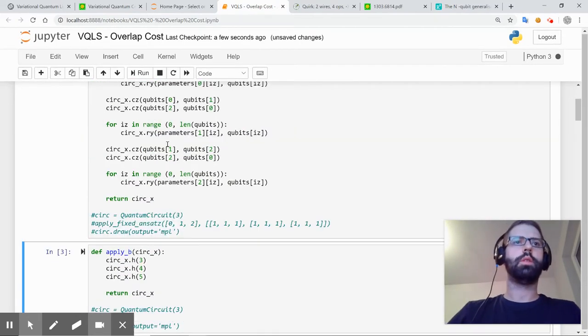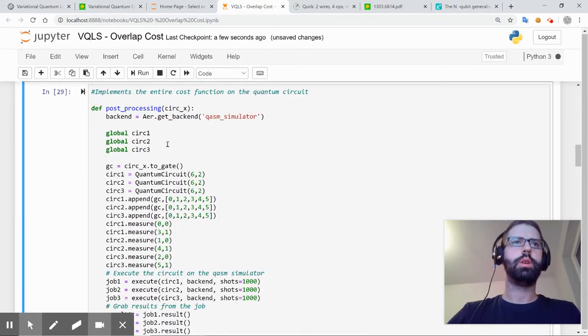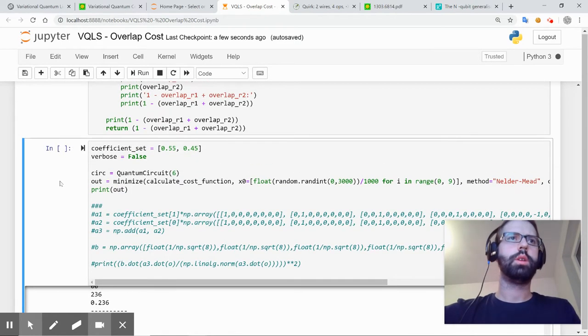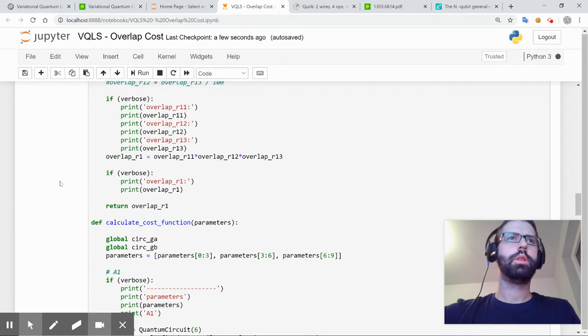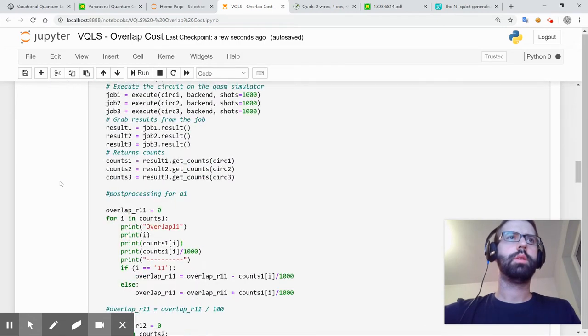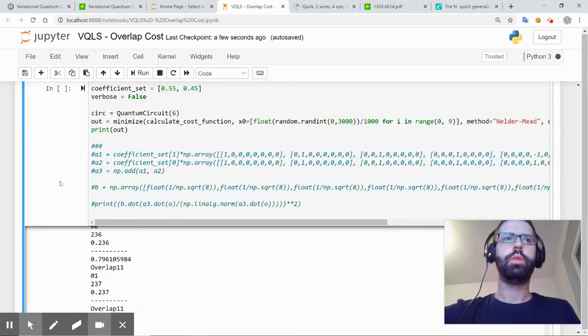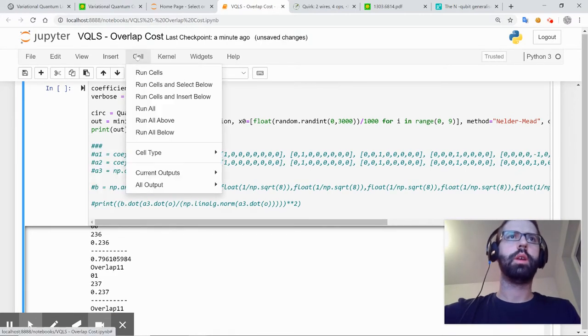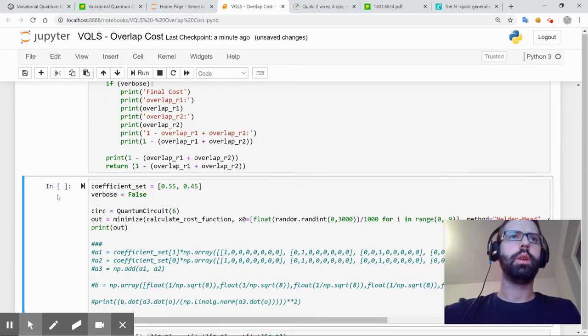Let's scratch processing. And I should clear the current outputs. Okay.